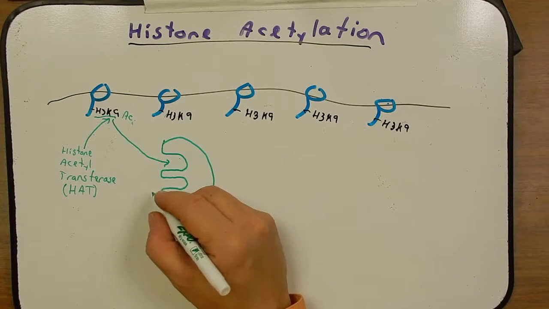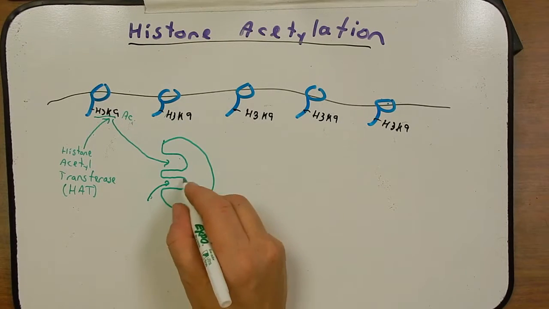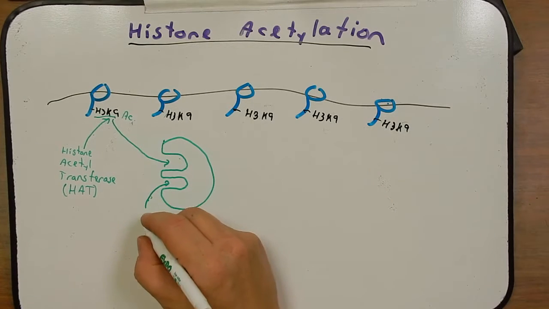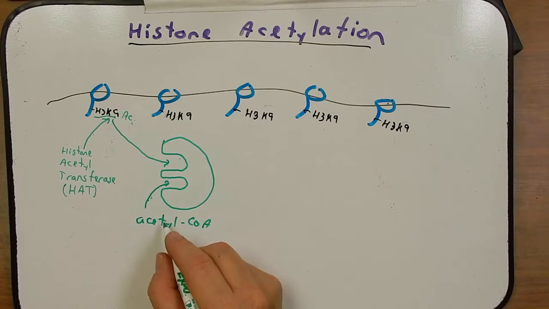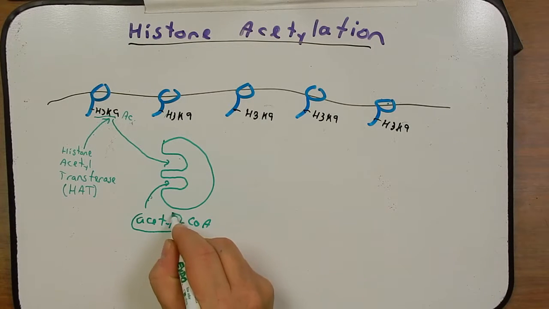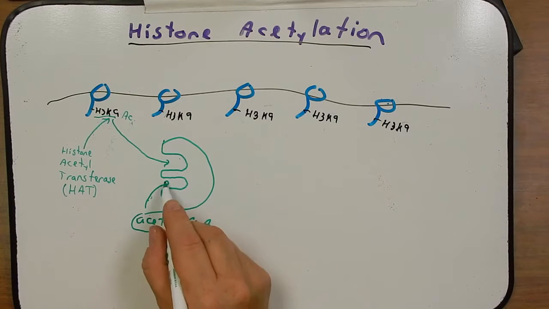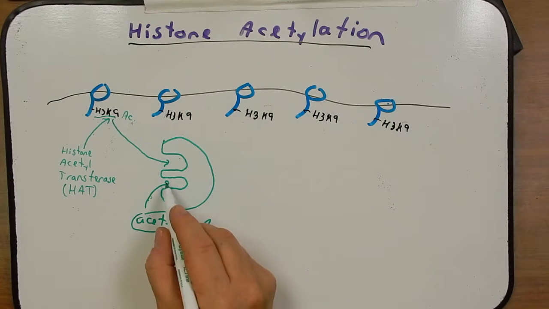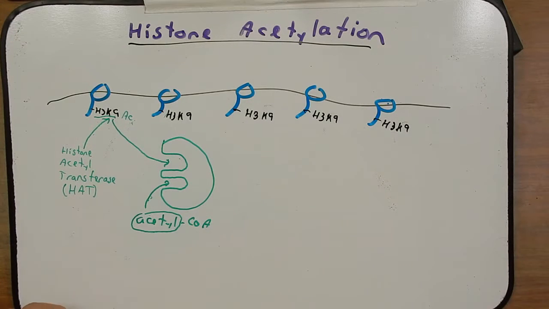What better way to do it than to have an acetyl group sitting in this other active site? So what sits here is a molecule called acetyl-CoA. This is a common strategy, having the molecule that you want to add to the substrate sitting right here in an alternative binding site, so that it's in close proximity with this lysine that it needs to be added to.